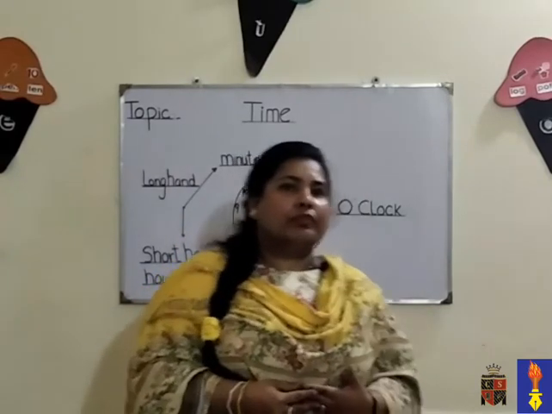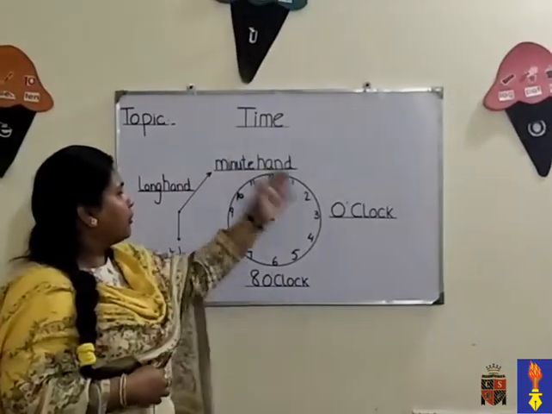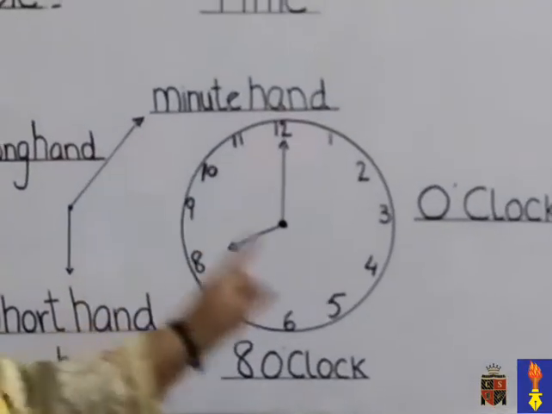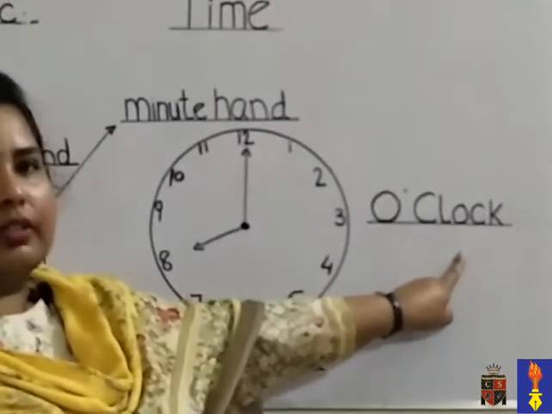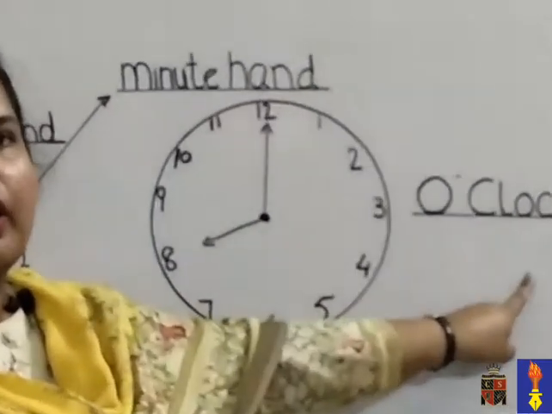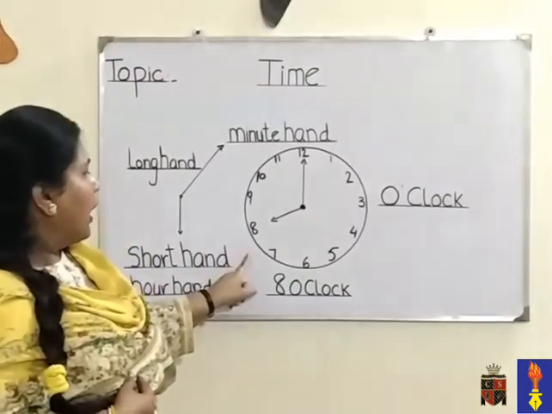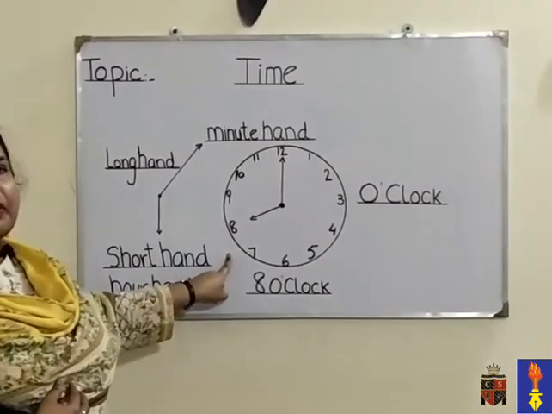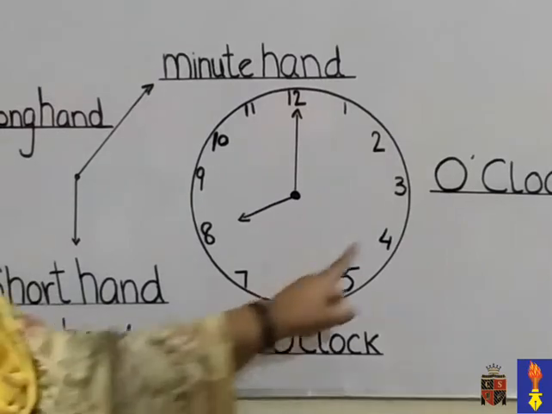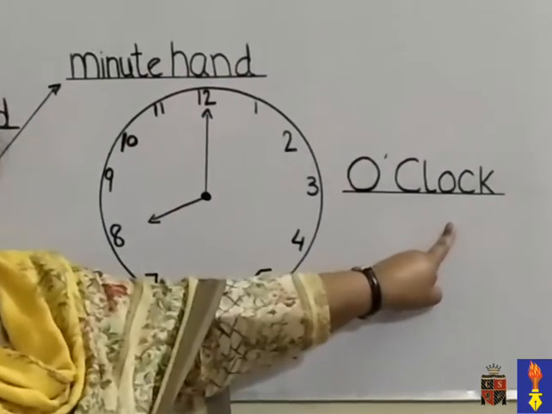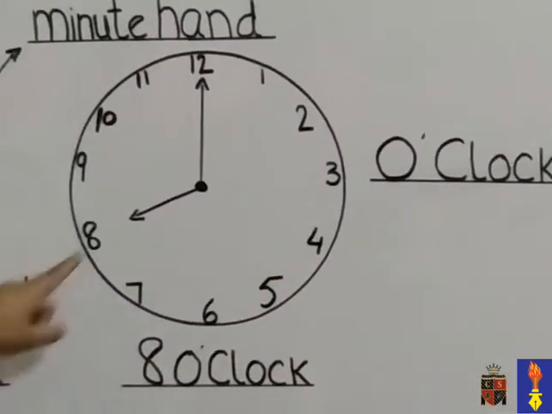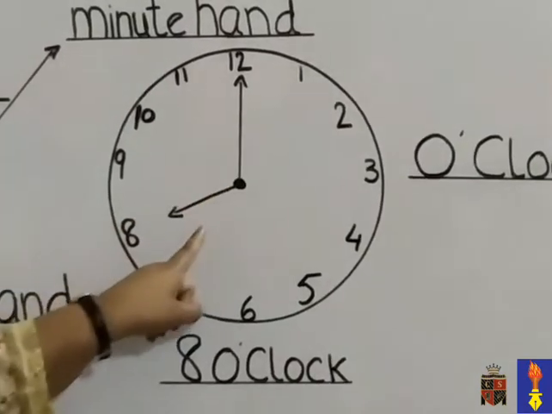So now we will learn time. Today we will learn about o'clock. As you can see here, I made a clock for you. First we will learn about o'clock. In the clock you can see two hands.